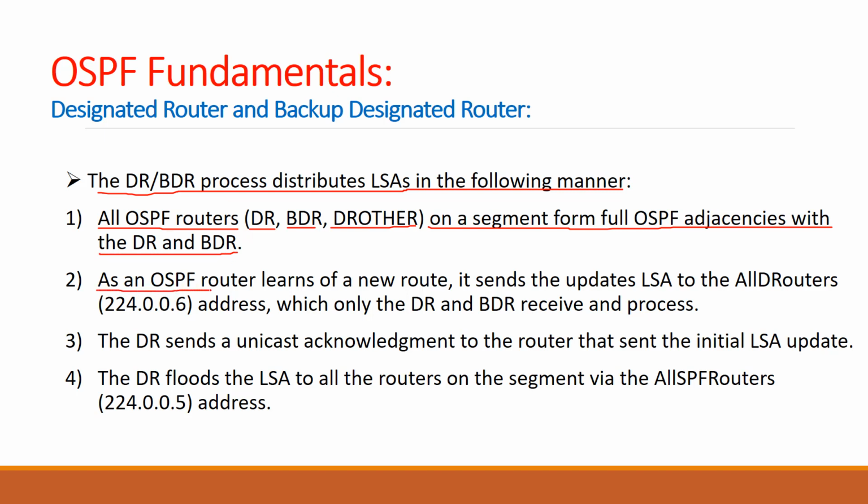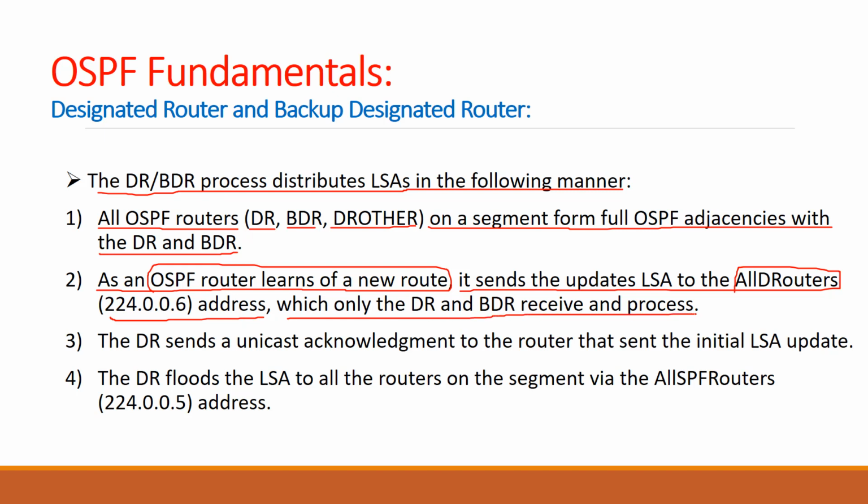Step number 2, as an OSPF router learns of a new route, it sends the updated link state advertisement to all DR routers through the multicast address 224.0.0.6, which only the DR and BDR receive and process.